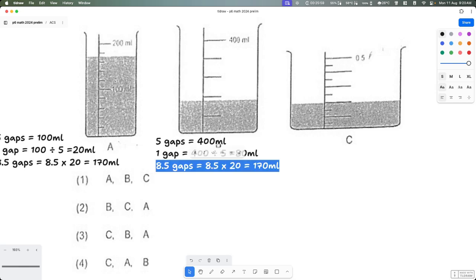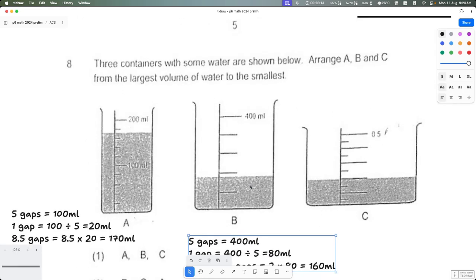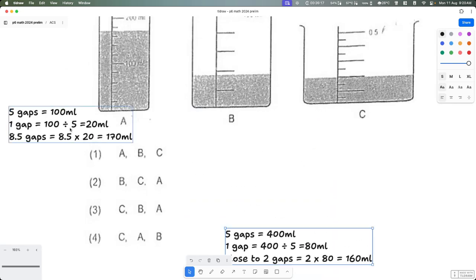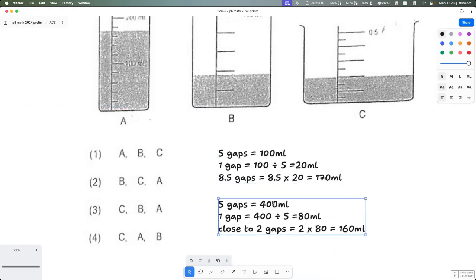So 8.5, we can say close to 2 gaps, which is equal to 2 times 80, which is around 160 ml. Okay, so B is around 160 ml. So I will just put it here. Okay, last one we have C.